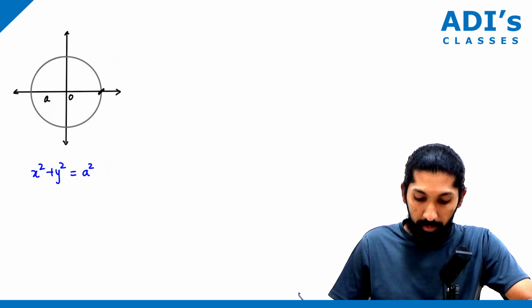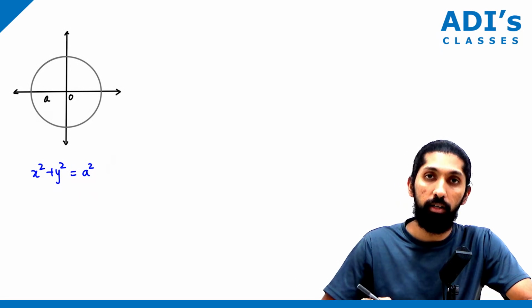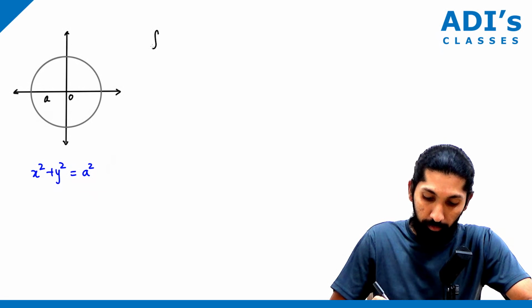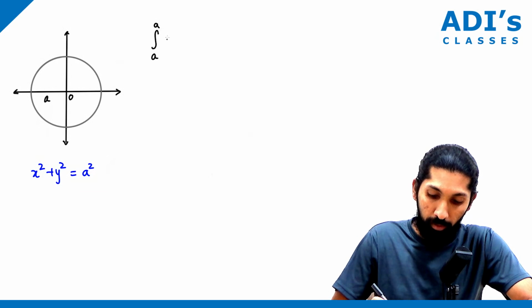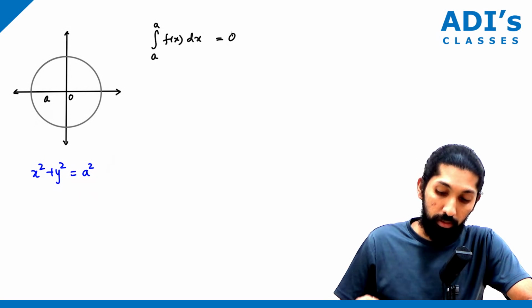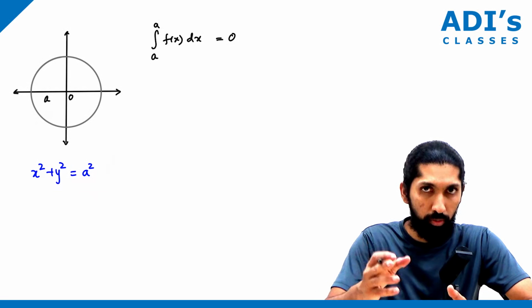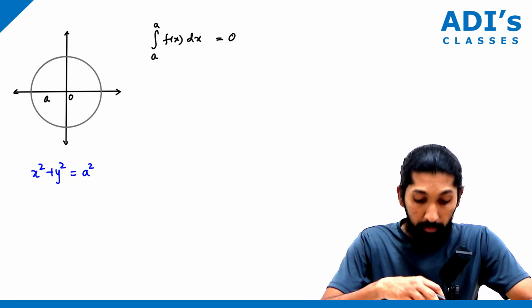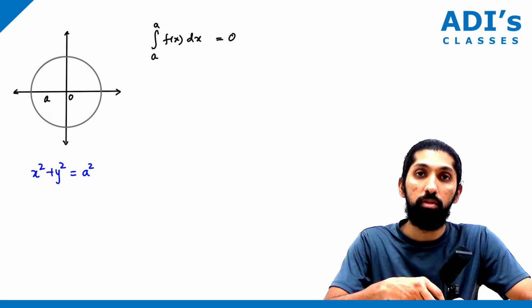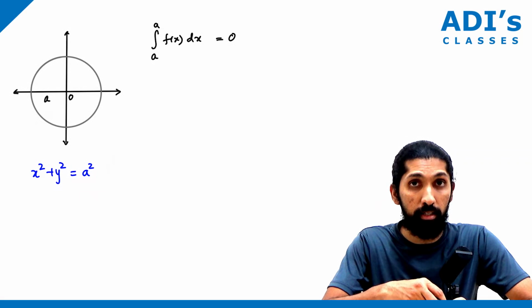In the previous chapter, you learned that the integral from a to a of f of x dx becomes 0, because you get f of a minus f of a, which is 0. That means we cannot use the previous integration method.